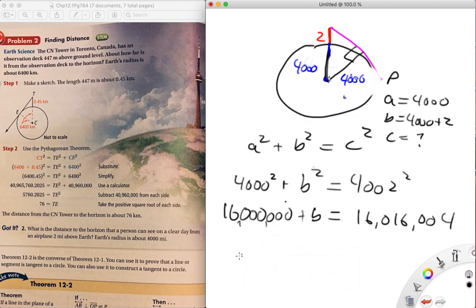Alright, so then we're subtracting 16 million from 16,016,004. There you go. That makes more sense.